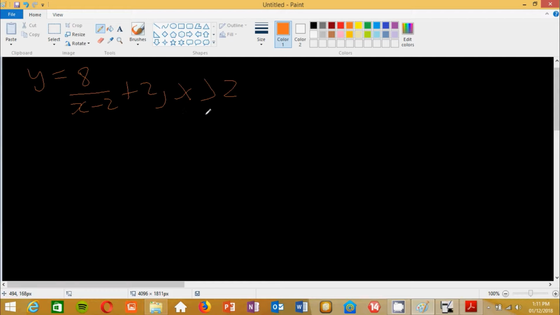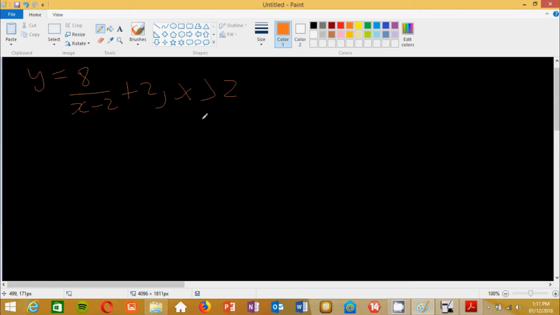What that means is we can plug in any number in this function as long as that number is greater than 2. So your values of x are constantly going to be bigger and bigger and bigger.